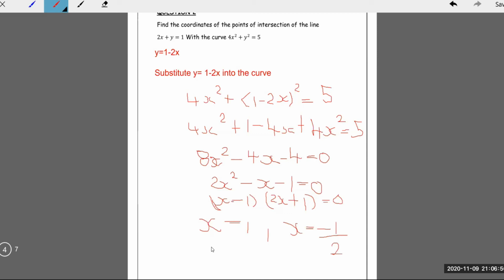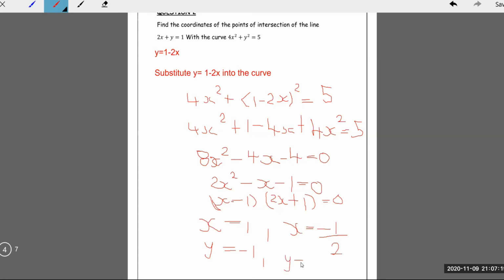Always put it in a calculator if you're not sure, if you're going to make a mistake. 1 minus 2 times 1, that's negative 1. And then we put negative a half back in right here. So what we get is 1 minus 2 times negative a half, and that result is giving me 2. So right here I'm getting y is equal to 2.